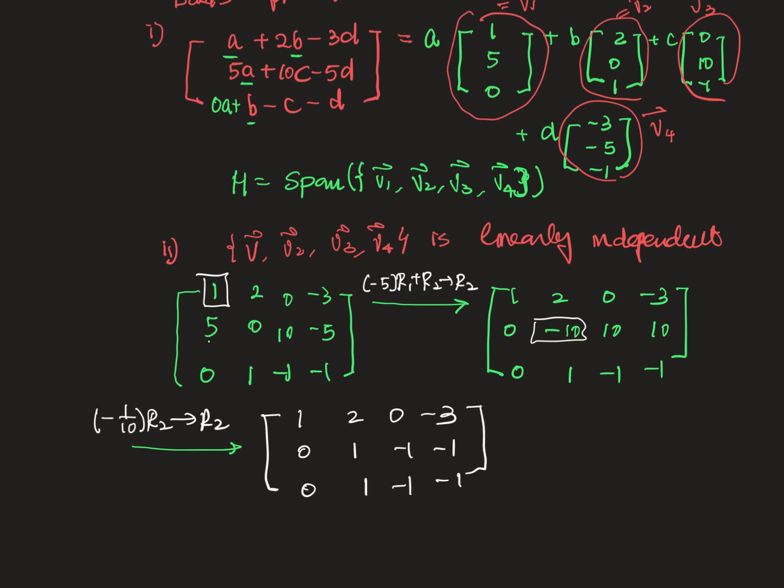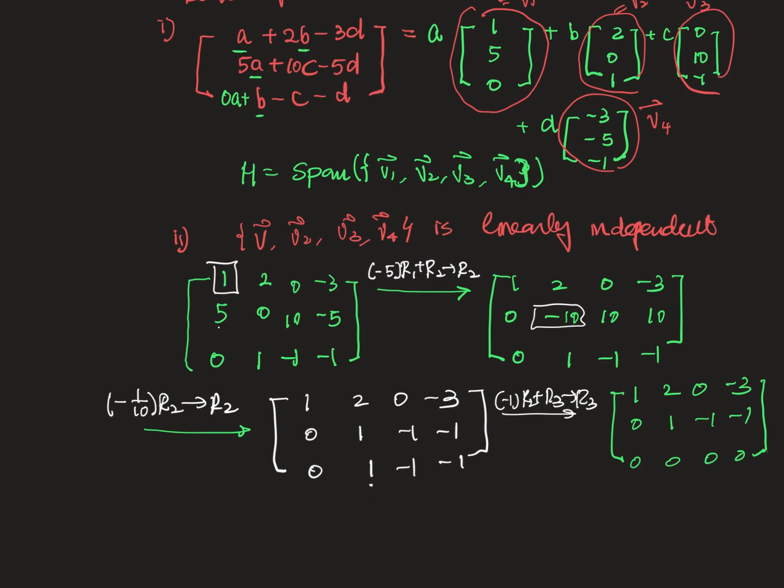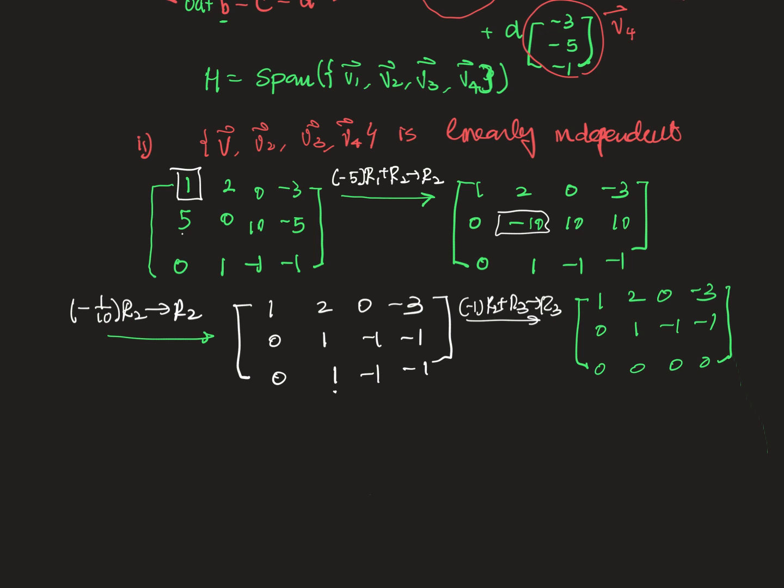Guys, make sense? So this one is going to be made 0. You have -1 R2 plus R3 going to R3. So you have 1, 2, 0, -3, 0, 1, -1, -1, 0, 0, 0, 0. Okay? So I'm going to do reduced row echelon form. What is the next one? You see this one, right, guys? Let's make it 0.